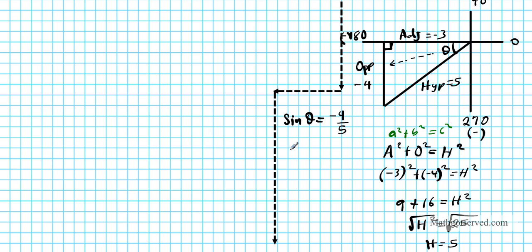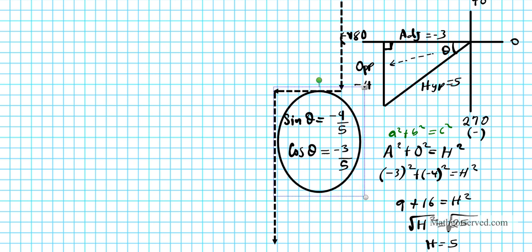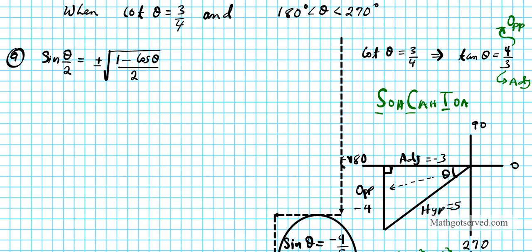And cosine theta is adjacent over hypotenuse, from SOHCAHTOA. Adjacent is negative 3 and hypotenuse is 5. I'm going to use these two pieces of information to finish the problem off. So let's start with part A of the whole process. This is circular, so I can keep track of it. First thing we need is sine theta over 2.